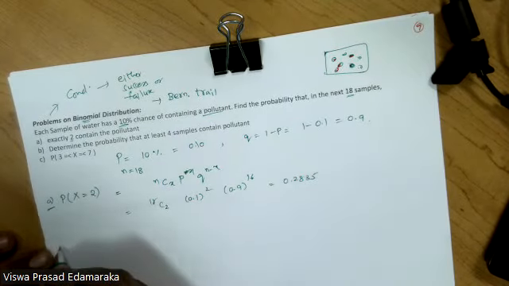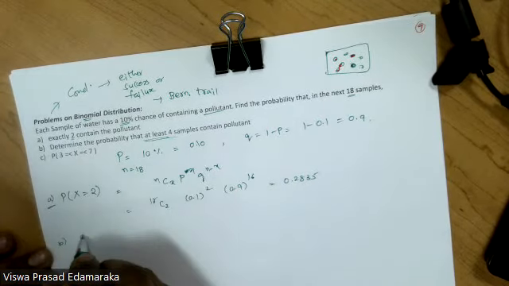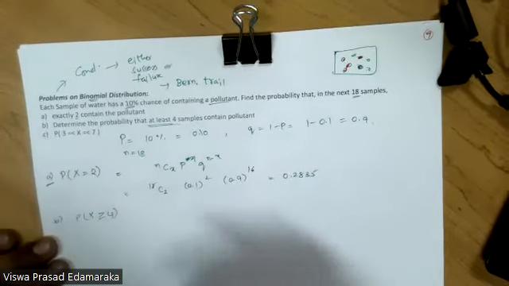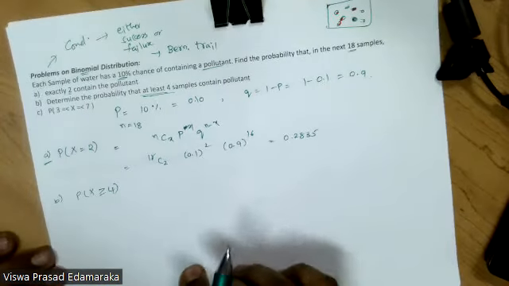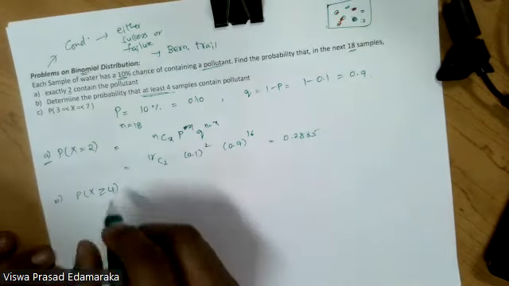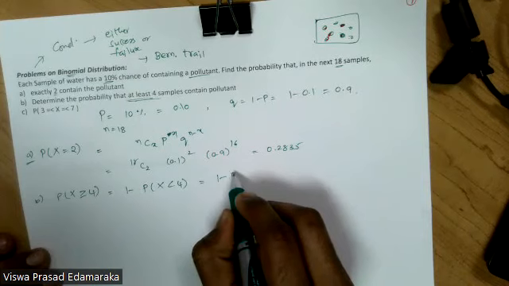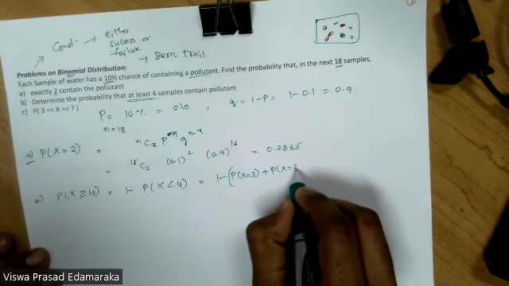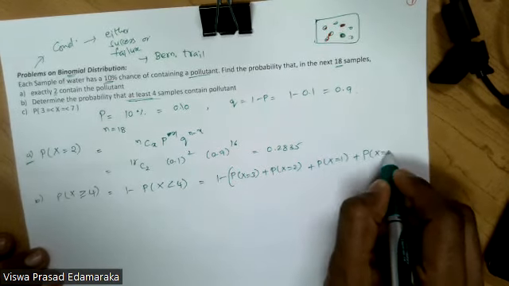This is quite simple. Now determine the probability of at least 4, that is it starts with 4. So we would have to find 4, 5, 6, 7, 8, and so on up to 18. It is very difficult to find for an at least problem. So it's simply 1 minus P of X less than 4. So 1 minus P of X equals 3, X equals 2, X equals 1, and X equals 0.